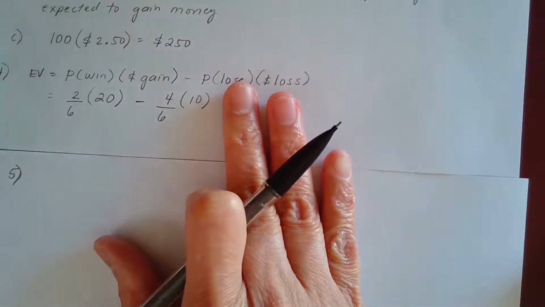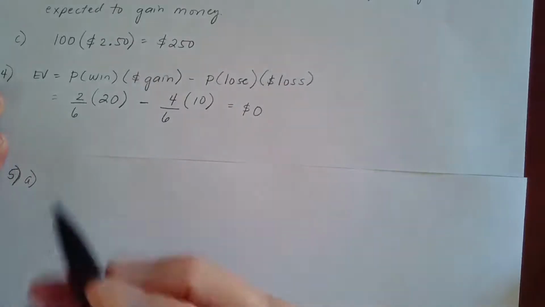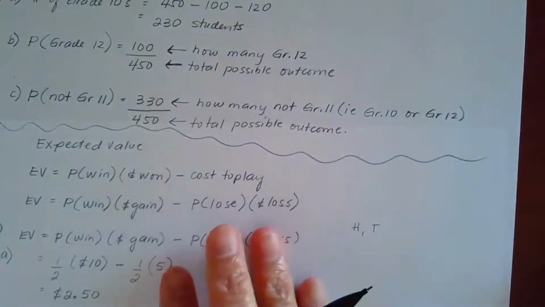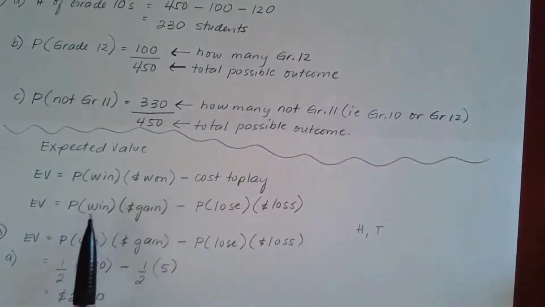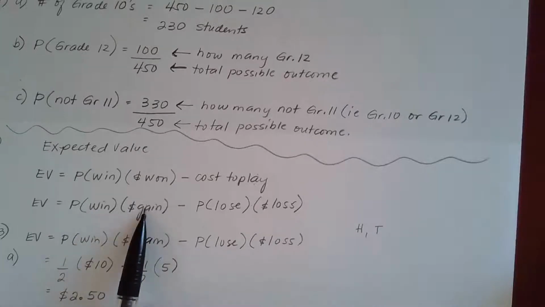Now, what does that say? This is an expected value question. Now, again, if I bring up this expected value formula, it looks like I have probability of win, and then the chance that I'm going to win is given. If I win, this is how much I'm going to gain.